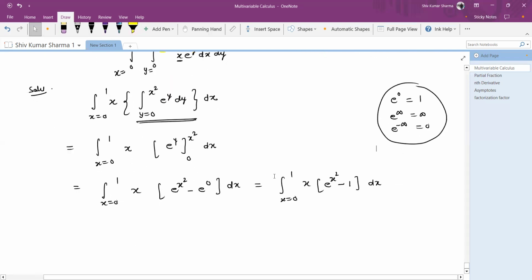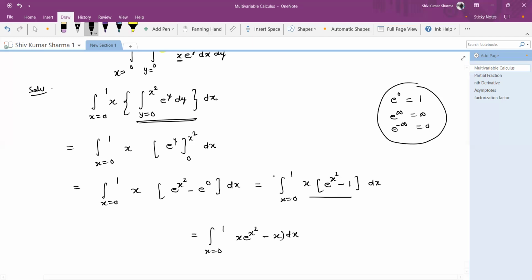Now we solve this integral for x. We write this integral in this form: x from 0 to 1 of x e raised to the power x square minus x, into dx.